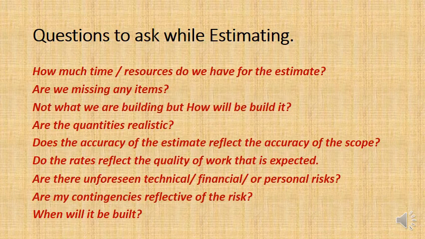If it's at the very beginning where you're defining the scope, well, you need a less accurate estimate. Do the rates reflect the quality of work that is expected? It's very easy to get a few different prices for different line items and then say, let's just use the cheapest one. Well, remember, that might lower the quality of the final project.